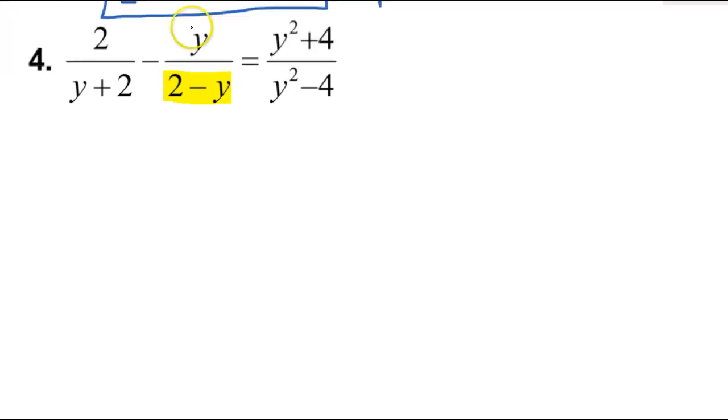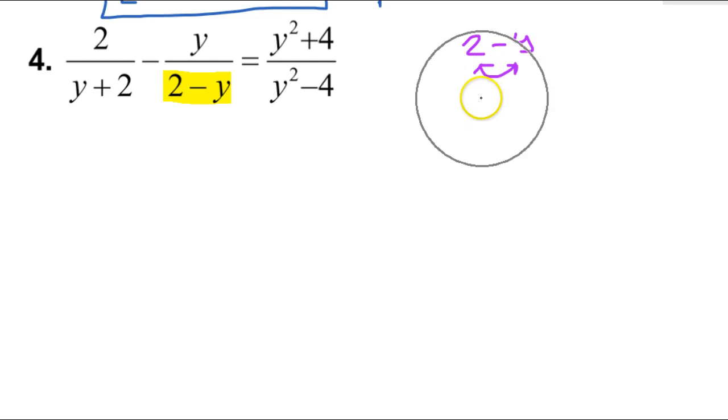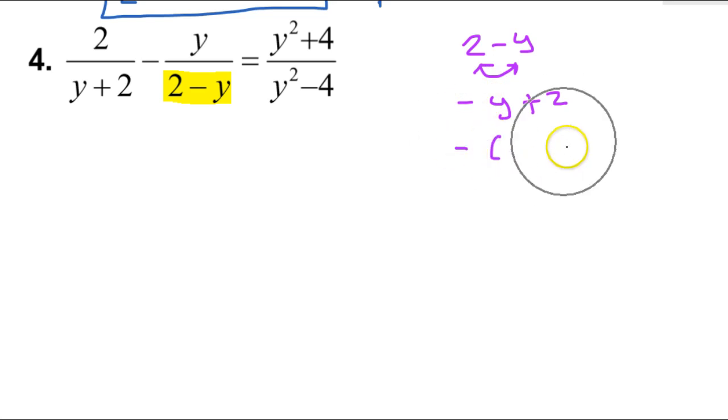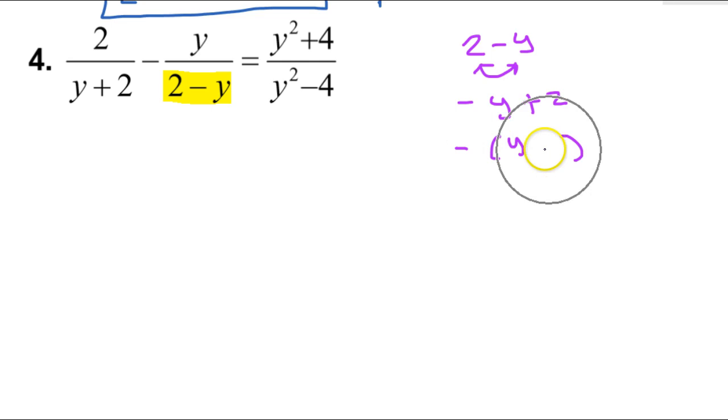And so look, if I have 2 minus y, if I reverse the order of these terms, that would be negative y plus 2. But I can take out the negative 1 outside of parentheses, and that would make it negative y minus 2.